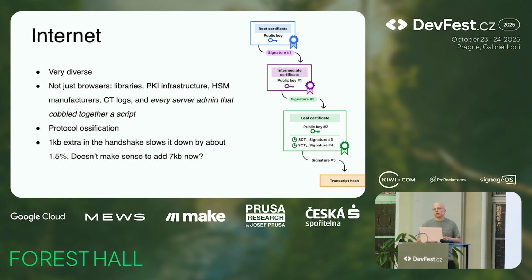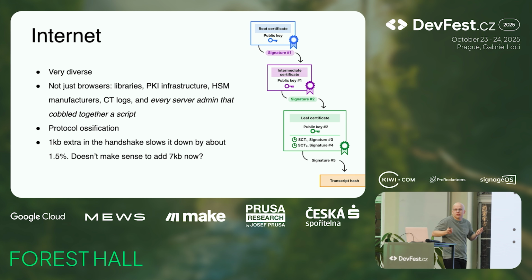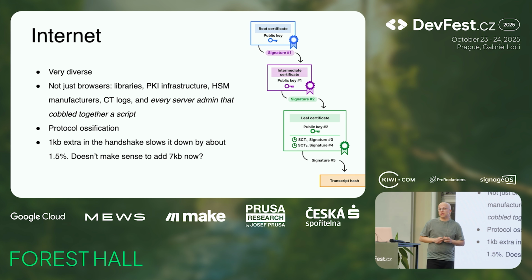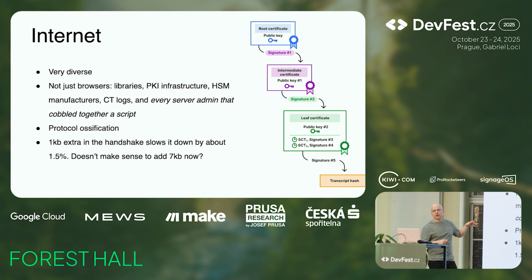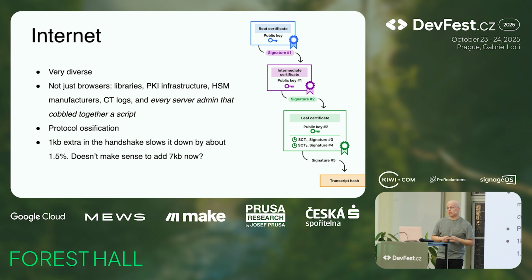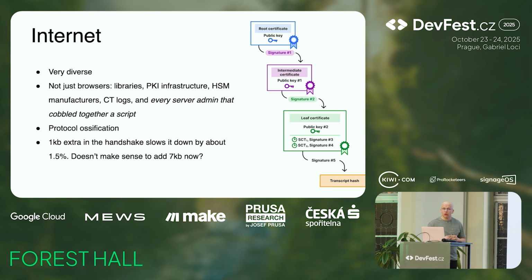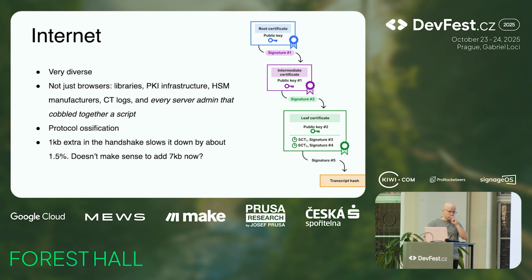And when some people were developing libraries, they just put an arbitrary limit of 2 kilobytes, because why not, right? There never was anything bigger. And exactly these kinds of things along the way can hurt us. It can be routers, it can be manufacturers, HSM manufacturers, browsers. Again, it's really everywhere. So this can be a problem as well, and it takes quite some time to fix these.